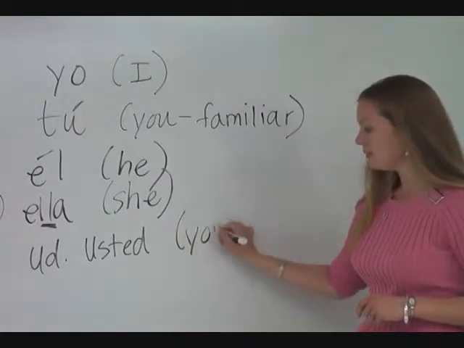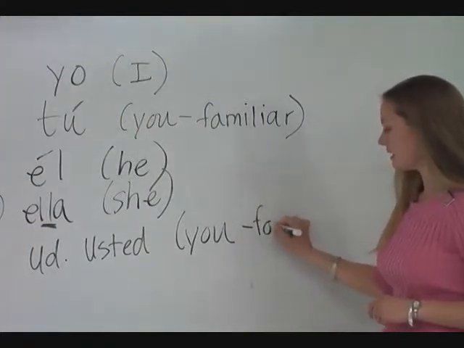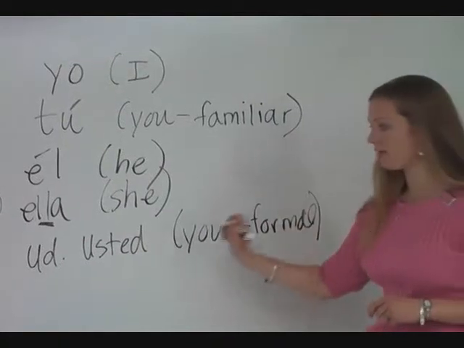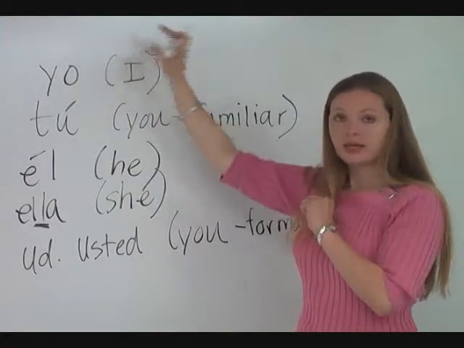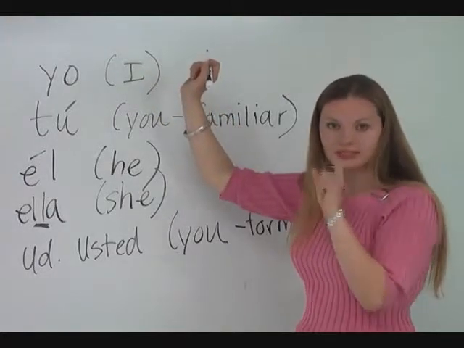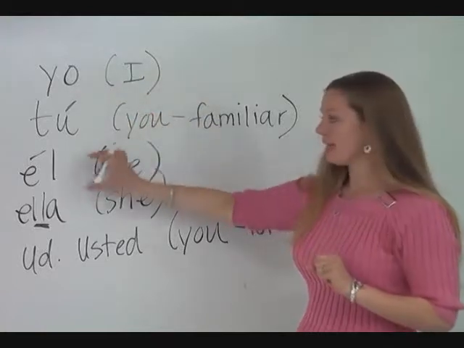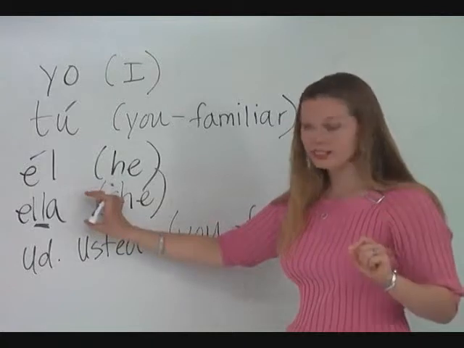And usted means you as well as tú, but this is the one that we consider formal. We'll discuss more about that in a minute. So we have yo. Now if you look someone directly in the face, you can say tú, yo, tú. Pick a guy, él. Pick a lady, ella.